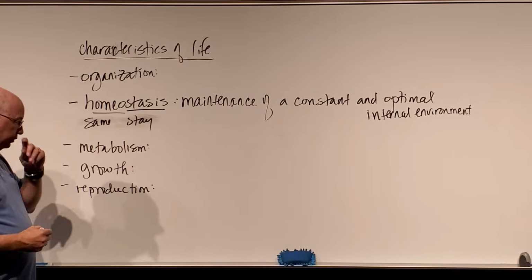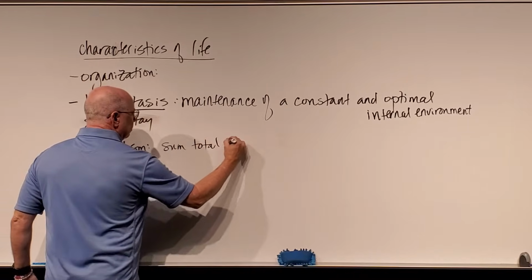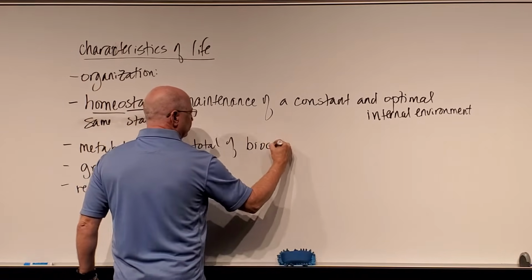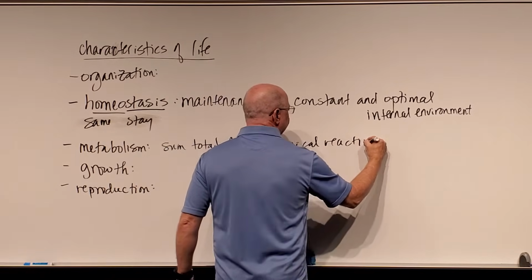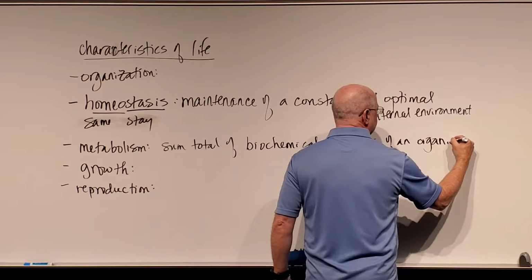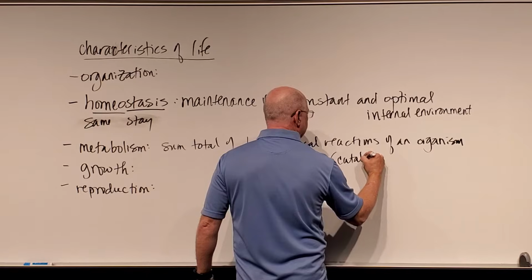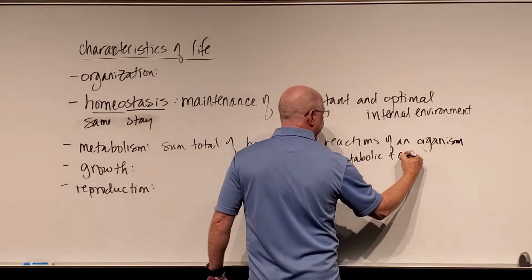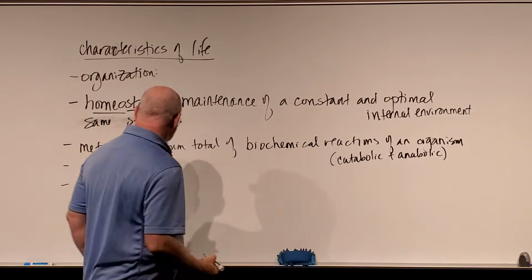Okay? So metabolism we'll define as the sum total of all biochemical reactions in the body or of an organism. And that would be what we call catabolic plus anabolic reactions. We're going to define those one day.